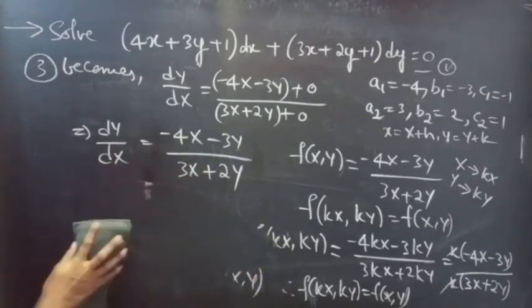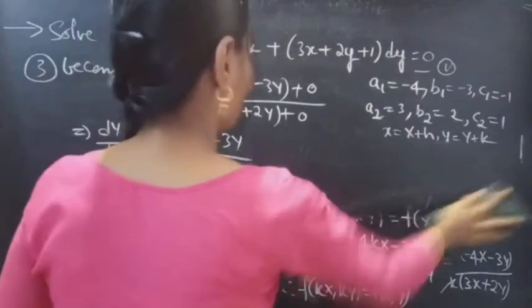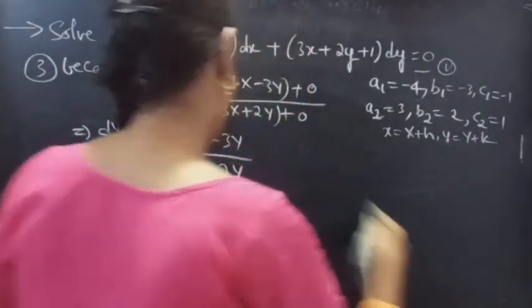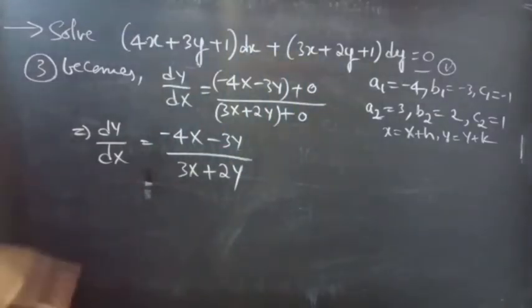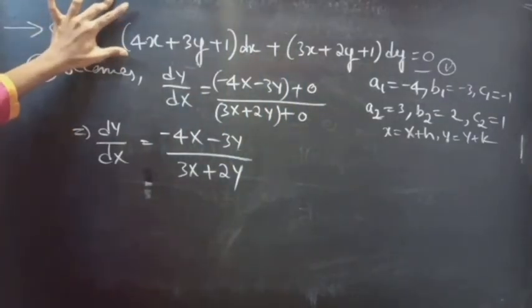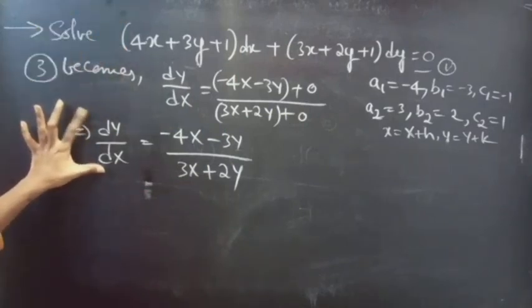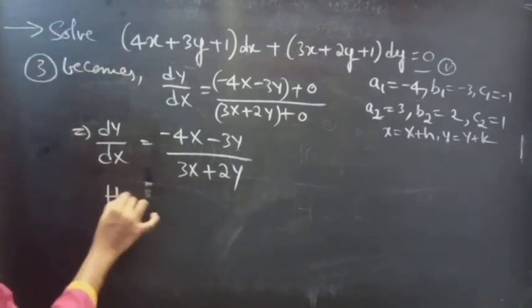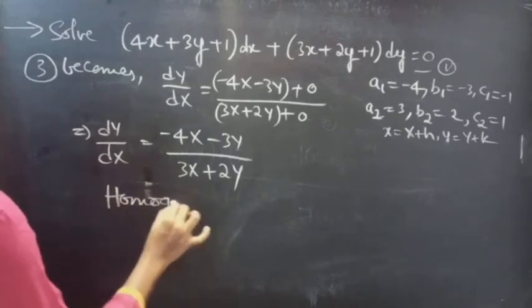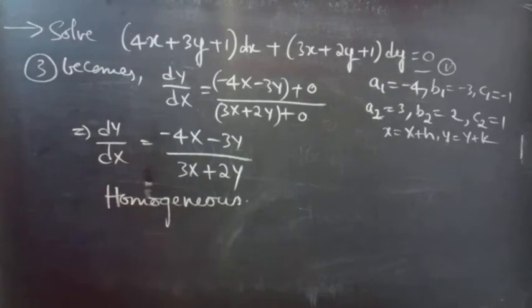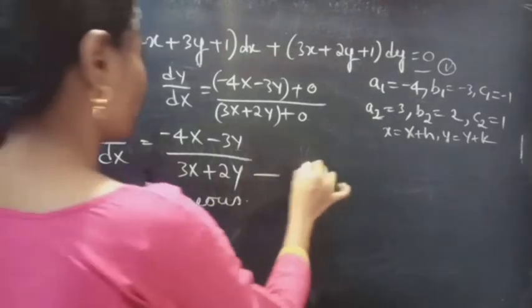So from this we can say that the given non-homogeneous differential equation is reduced to a homogeneous differential equation. Okay, just name it as equation number 4.